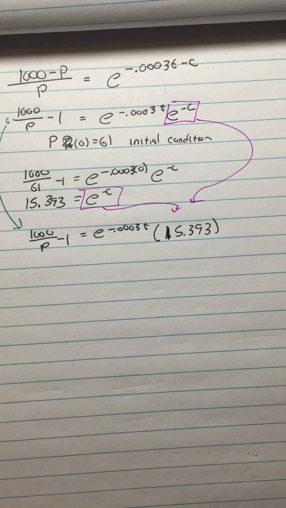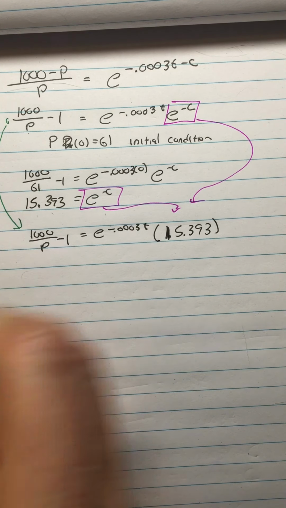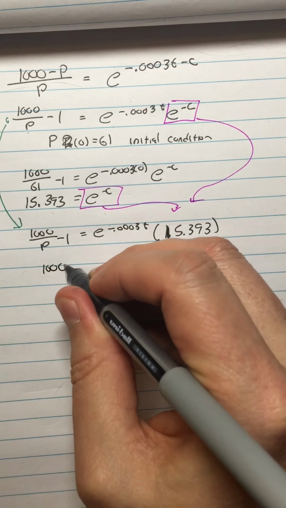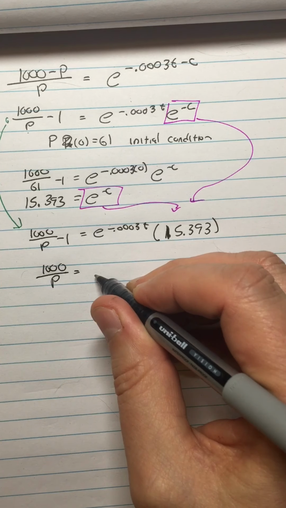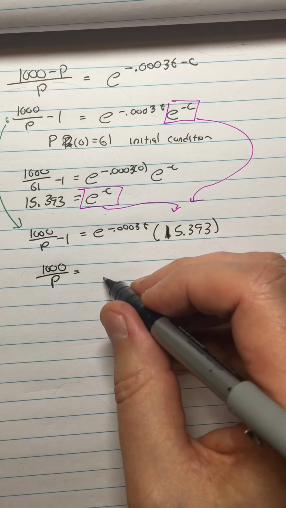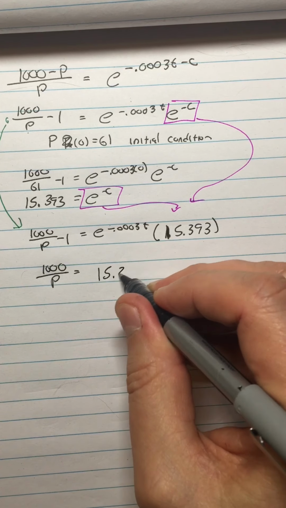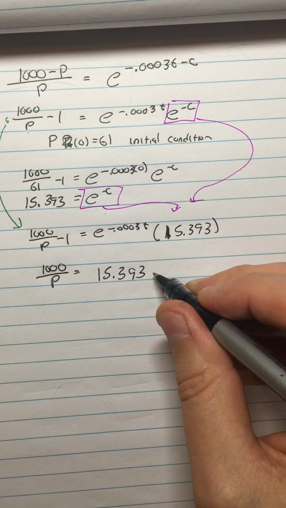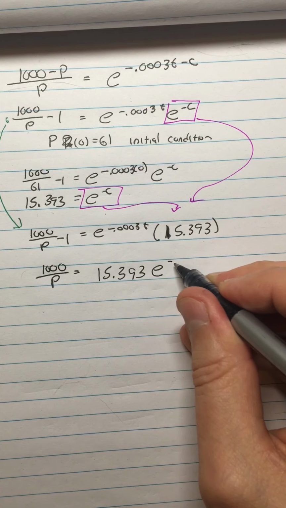All right, so where do I go from there is an excellent question. Okay, I'll turn my page over and end up with 1,000 over p equals 15.393 e to the negative point.